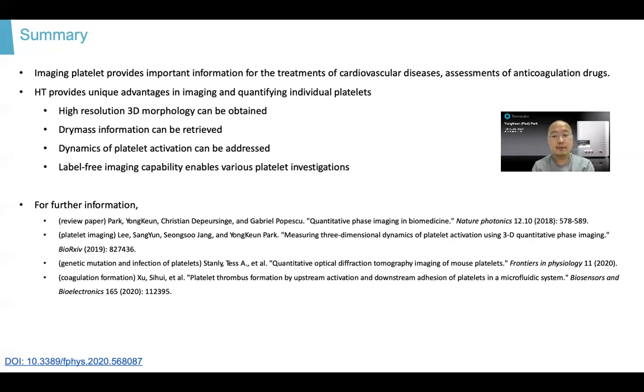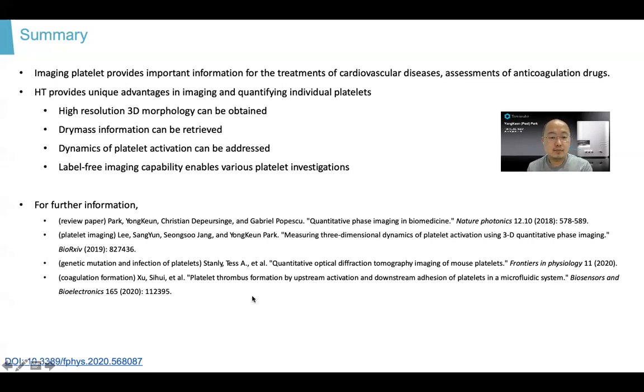For further information, you may want to refer to the review paper on 3-dimensional and 2-dimensional quantitative phase imaging. The first part of the webinar was reproduced from the bioRxiv preprint from my group.